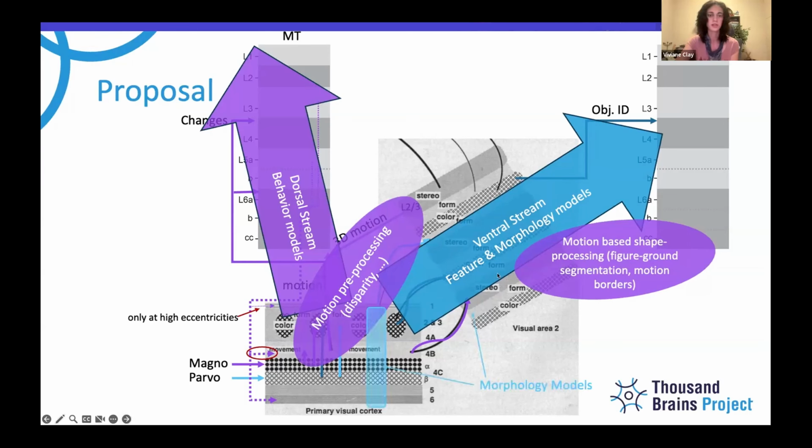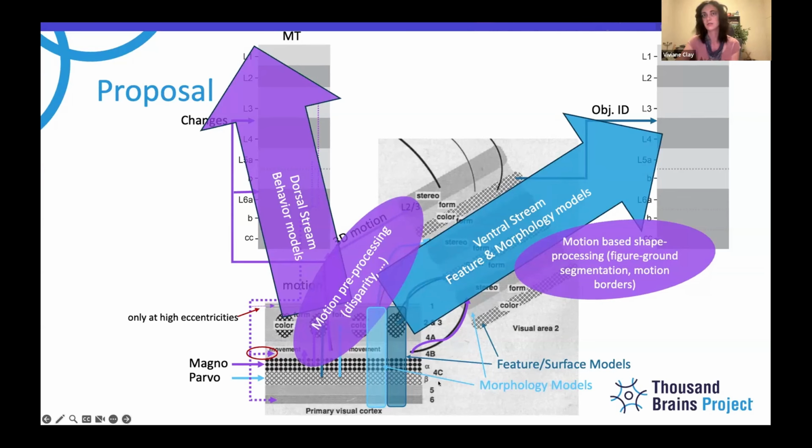And then lastly, this is a bit more vague. If we do have feature and morphology models, it could be that morphology models are the interblobs, which are labeled form here, and the pale stripes, and feature models could be the blobs, which is why you detect color in layer 2-3, and people can assign color to that.